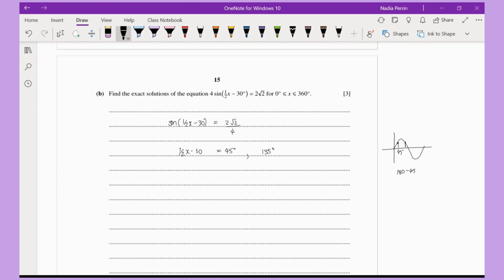I always get all my solutions when I inverse the sine, cos, or tan. Grab your solutions then, and then the rest of it will just work itself out. So we can now add 30 to both of them. And then lastly, we can times by 2. And those are our solutions.